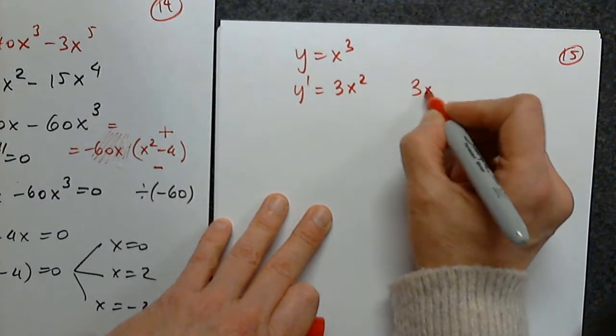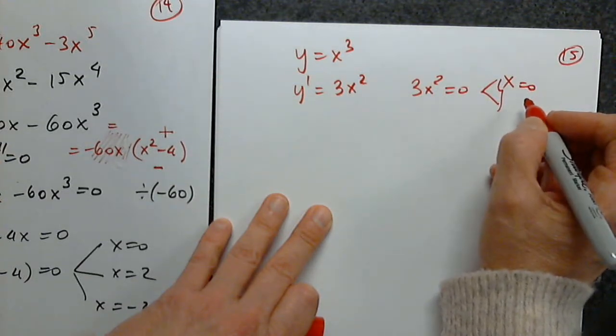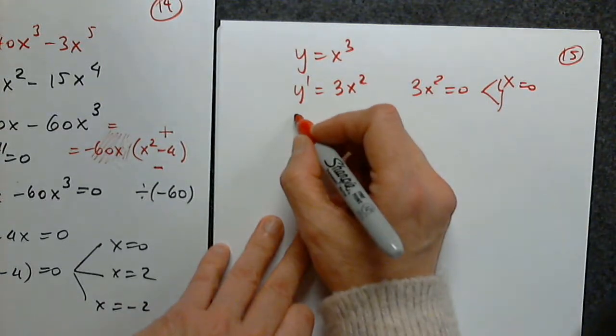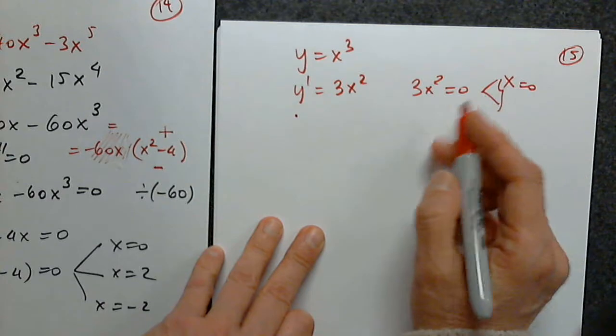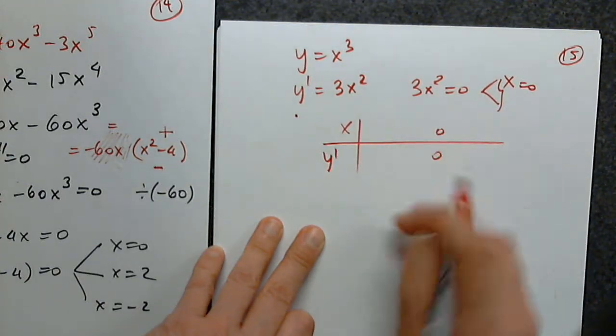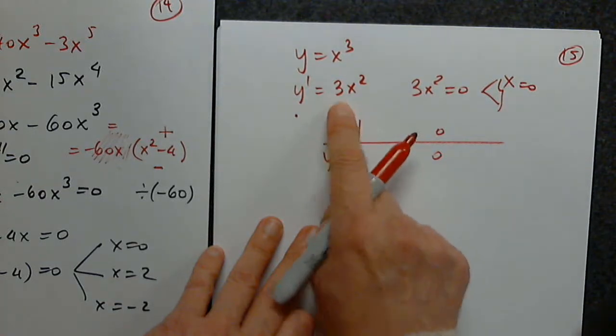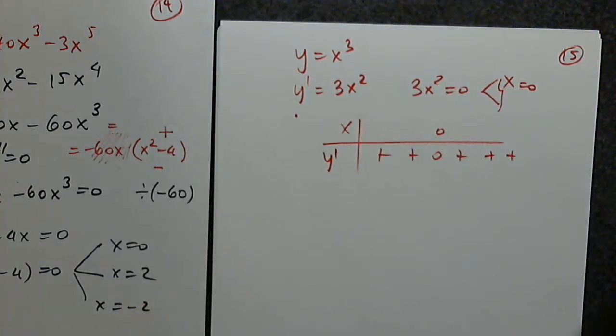So when I have 3x squared equals 0, I get two options, but they are the same. So it doesn't mean that it's going to change sign. So y prime is 0 at 0, but look at it. It's x cubed. X cubed looks like this. It doesn't have a max or min.